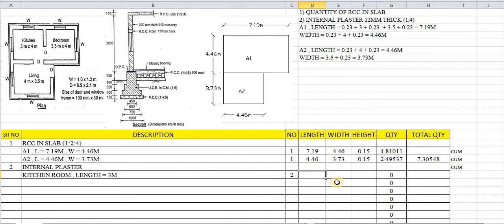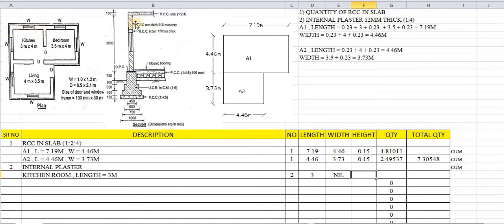What about the length of this wall? 3.0 meters is the length. What about width? Here the width is negligible. So the height of the plastering will be considered, and the height is 3 meters.